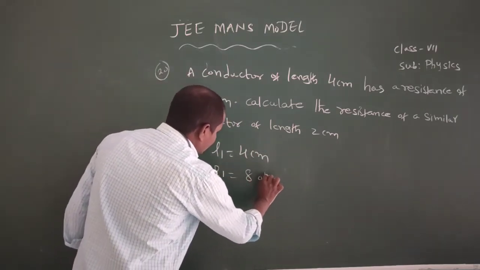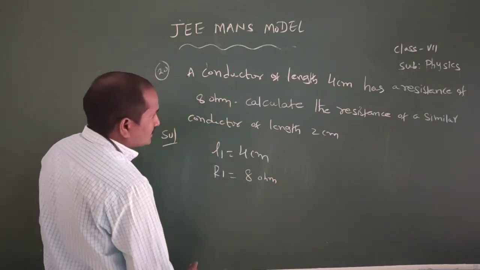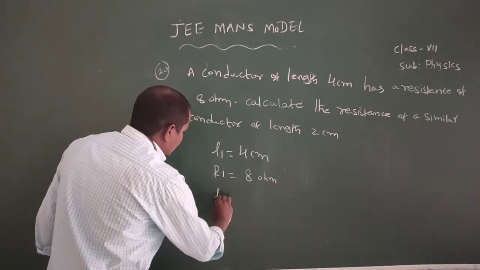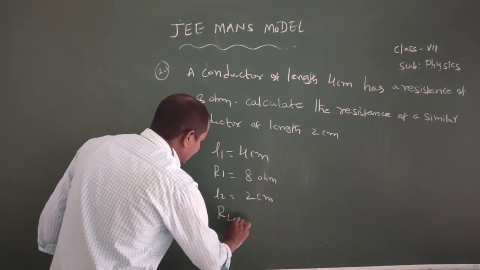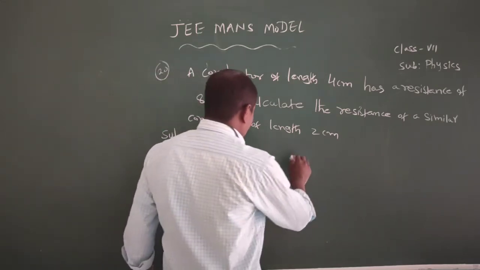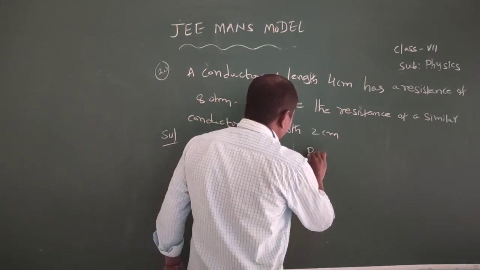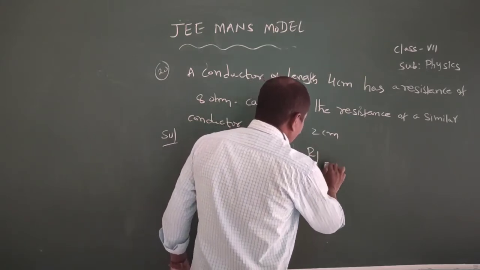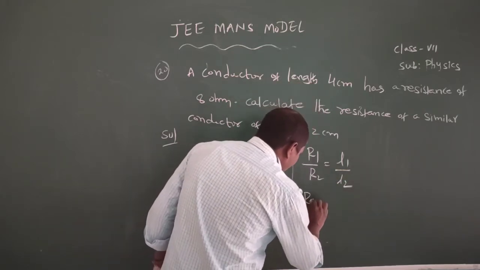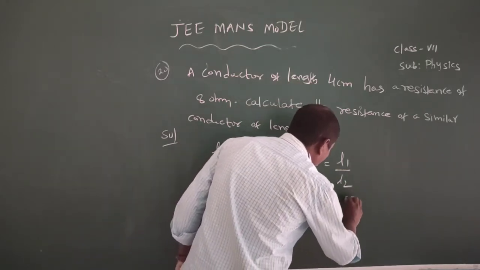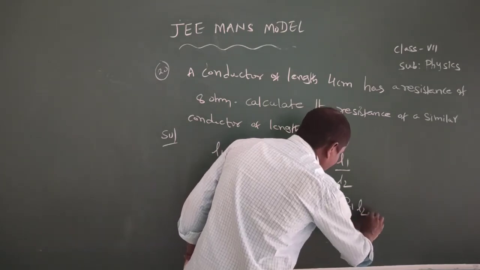and the resistance also is given, R1 equals 8 ohms. Next L2 is given, that is 2 centimeters. Our aim is to find the R2. From laws of resistance, R1 by R2 is equal to L1 by L2. So R2 into L1 equals R1 into L2.